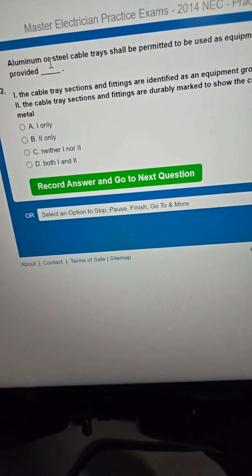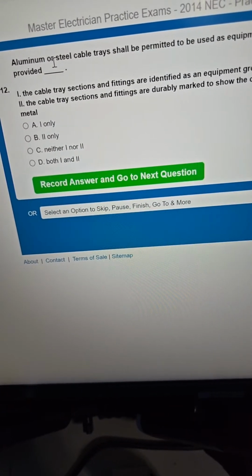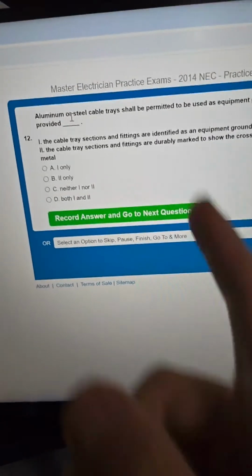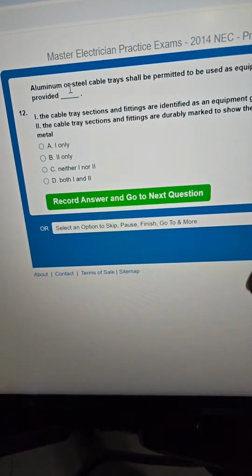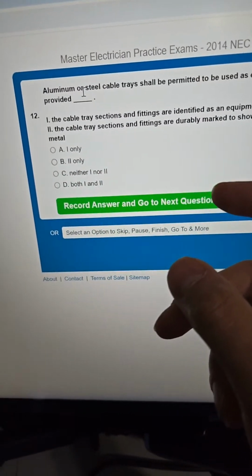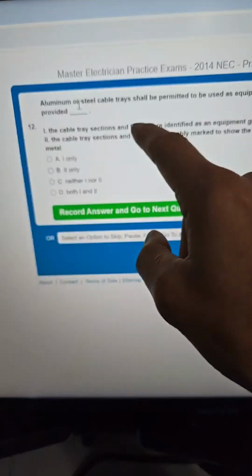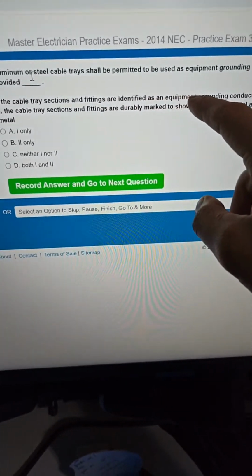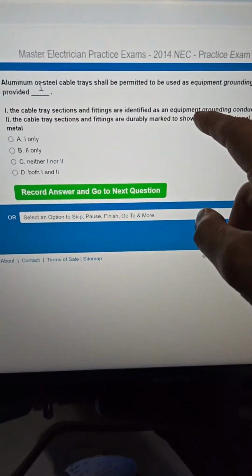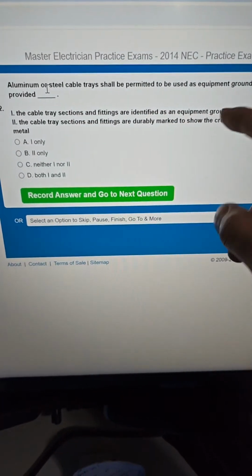You don't really need to know the cross-sectional area, though. That's the problem. Because it's whether or not the fitting's going to bite. So even if, see, the fittings are identified as equipment grounding conductor, that's going to tell you that this has been tested as an equipment grounding conductor.